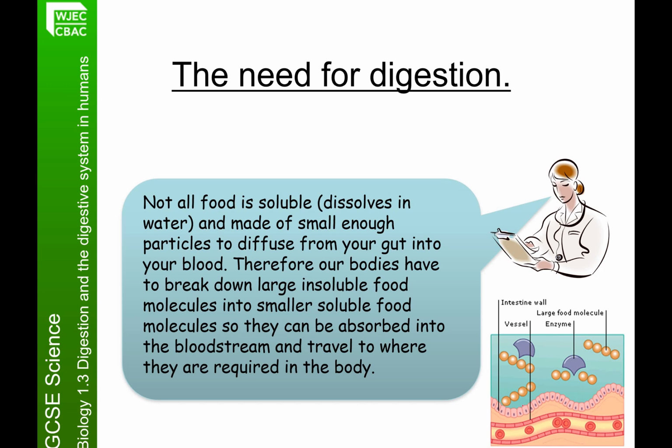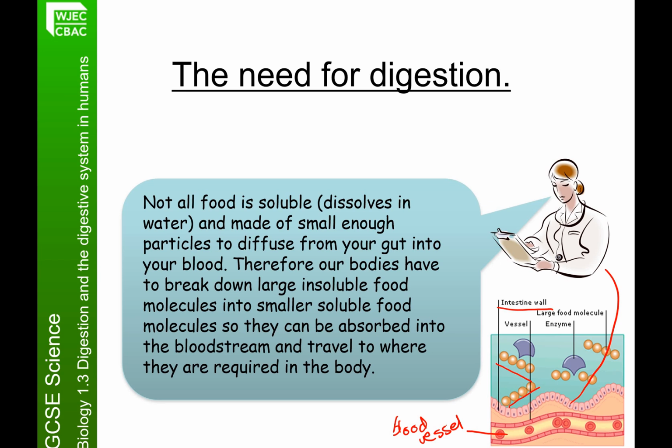So as you can see in the picture at the bottom of the screen here, this would be a blood vessel. This would be the wall of the intestine which you've got there. And these would be molecules of food such as starch, fat, carbohydrate.